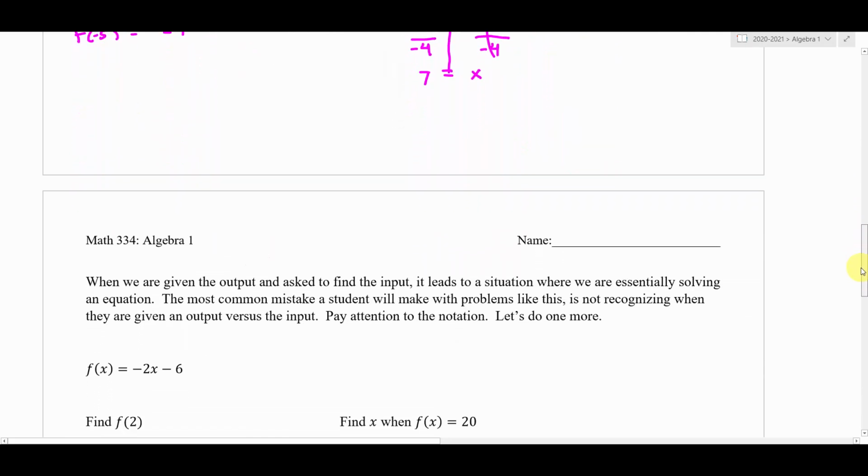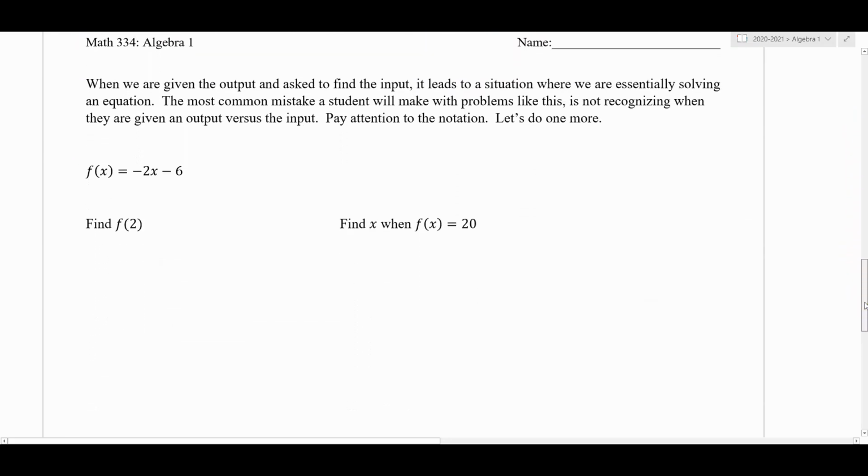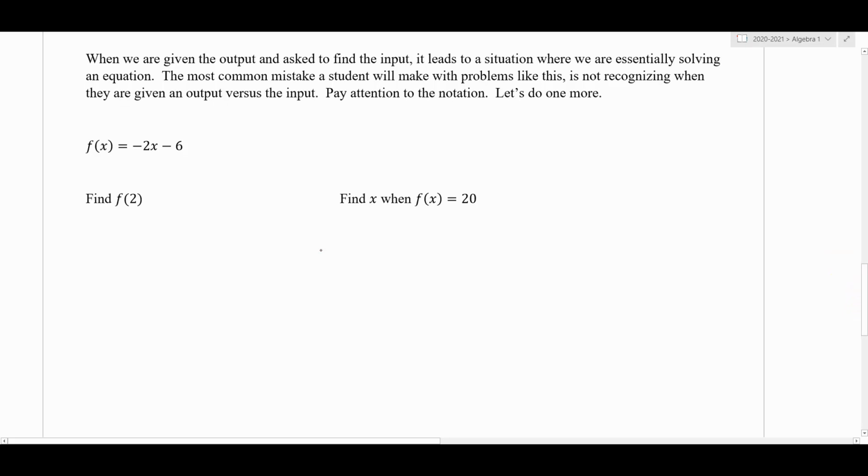Let's do it one more time. You notice that when we get that output situation, it leads to solving an equation. So, new function here. First one, they give us the input, the number inside the parentheses. So I'm going to say f of 2 equals negative 2 times 2 minus 6.